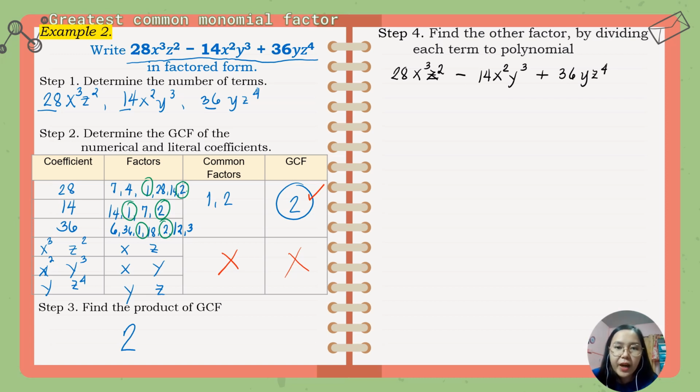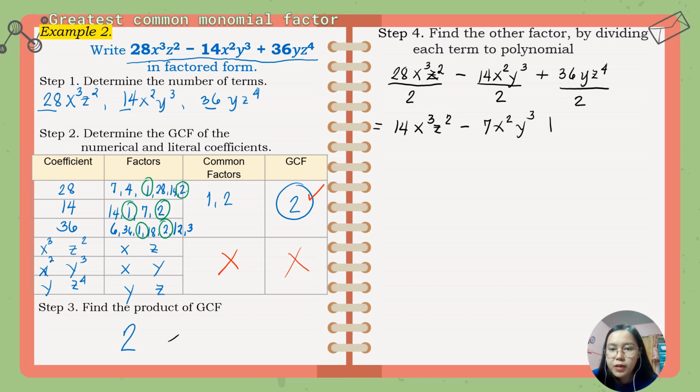Then we need to divide this by the GCF 2. Equals 28 divided by 2 is 14x cubed z squared minus 7x squared y cubed plus 18y z to the 4.